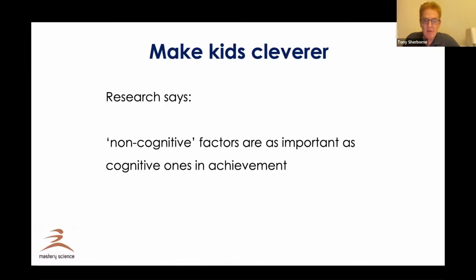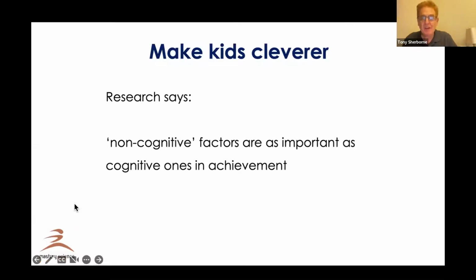Equally important were these non-cognitive factors like mindset, whether they were academically motivated, whether they felt they belonged in the classroom, did they have some reason and purpose for learning? All these sorts of things matter as much. The affective side, because we're people, they matter as much in achievement.